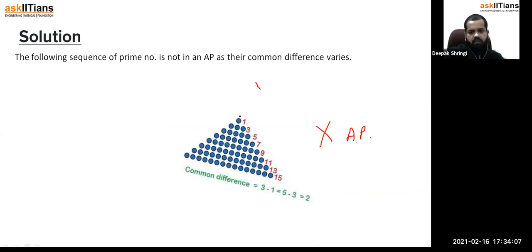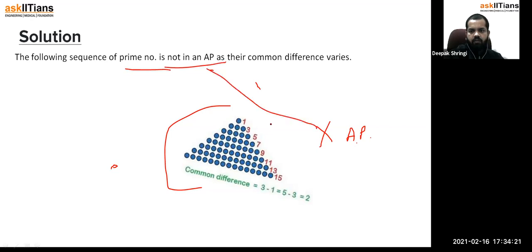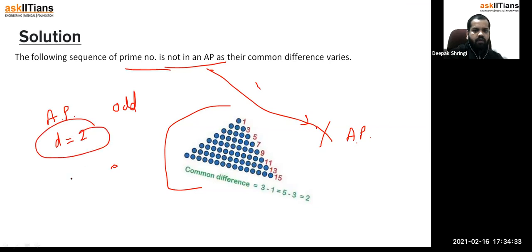Okay, in this diagram, we are talking about prime numbers. Prime numbers are not an AP, but this diagram shows only odd numbers. Odd numbers come in AP. Why? Because the common difference is equal to 2. If the common difference is the same, then it is an AP.